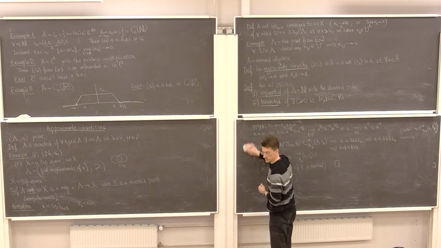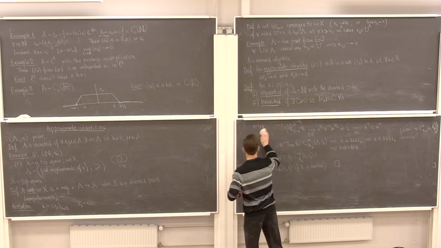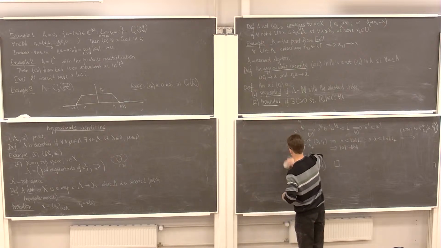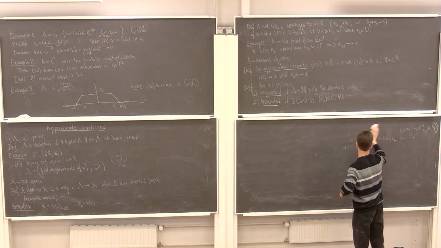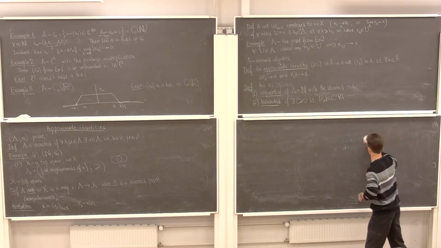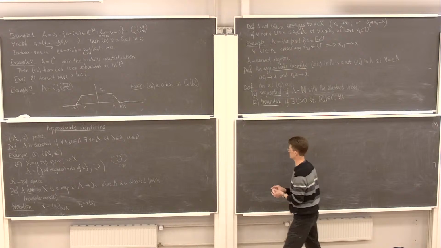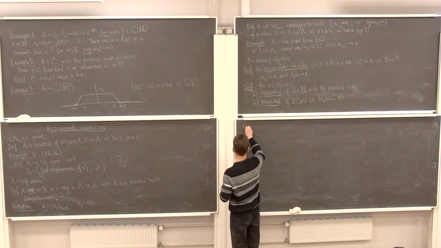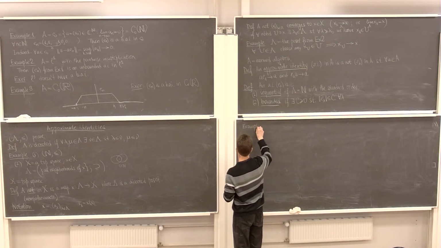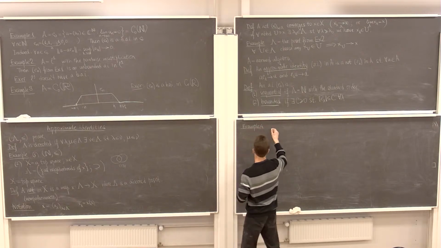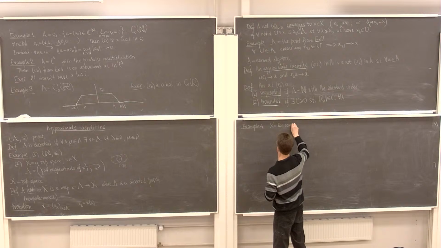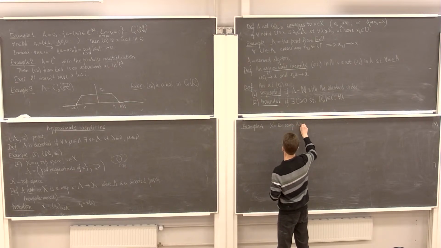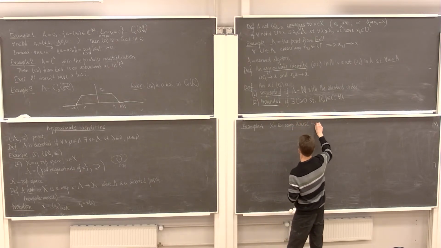Actually, this example can easily be generalized to an arbitrary locally compact Hausdorff topological space. Example 4. Let X be a locally compact Hausdorff topological space.